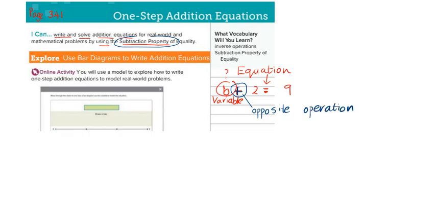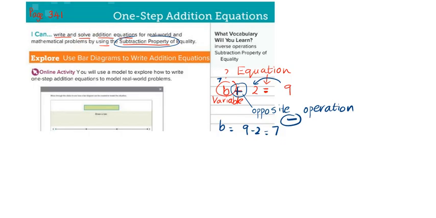If there was a plus, now we're going to be using the minus. So we just subtract, so that b is equal to 9 minus 2, which is 7. And if you test it, 7 plus 2 is equal to 9. So that's what they mean by the subtraction property, and that's how we can write and solve addition equations.